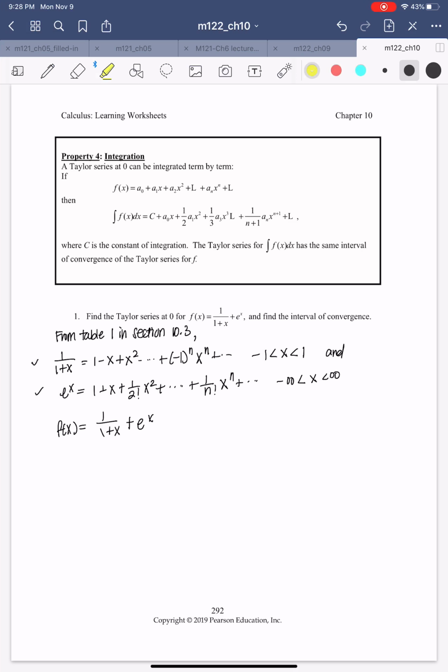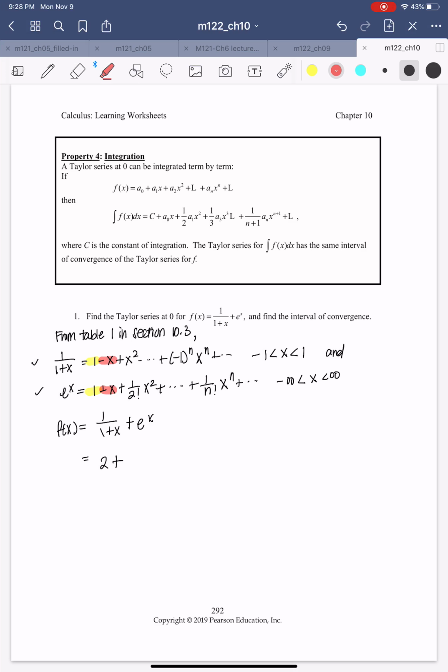The first term will be 1 plus 1, so I'm going to have 2. Second term, let's add the second term, negative x plus x. We are adding term by term, negative x plus x, but they cancel out, right? Negative x plus x, that's a 0.